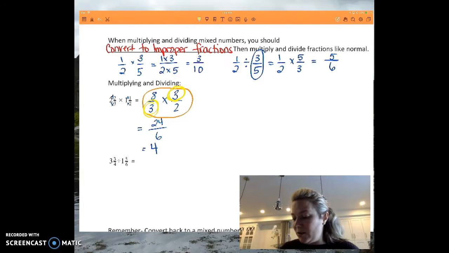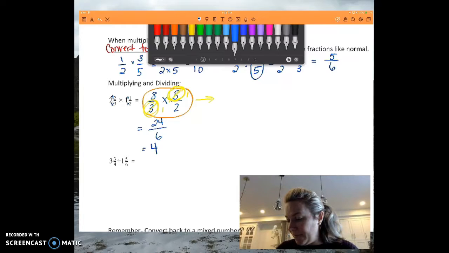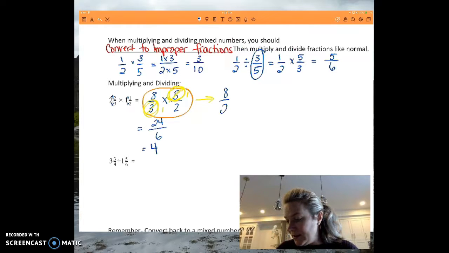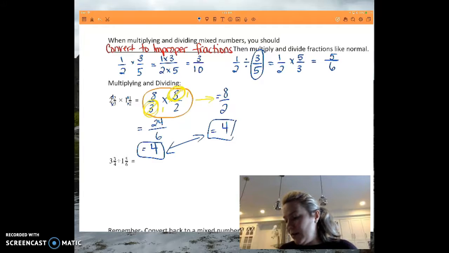We can divide 3 by 3. That's going to become 1. That's going to become 1. And what we're going to end up with is 8 over 2, and 8 over 2 is 4. Note that these are the exact same answer. So if you run into a situation where you have a cancellation opportunity, you should take it. Always cancel whenever possible. It makes your answer much simpler in the end.